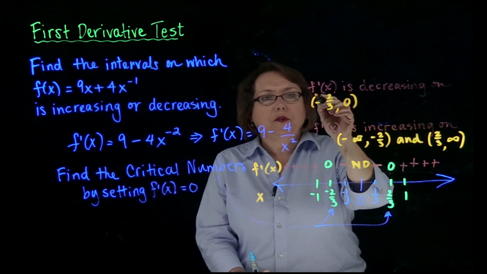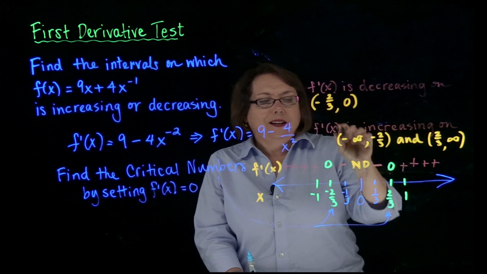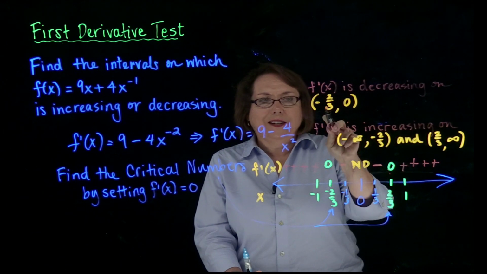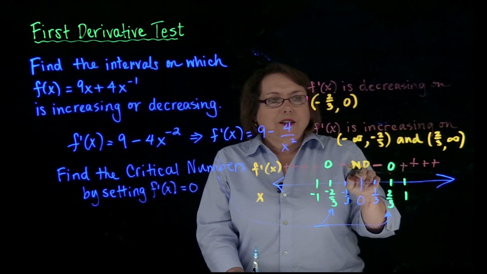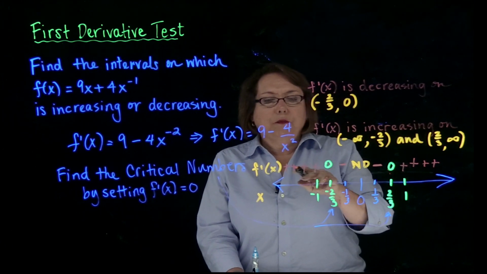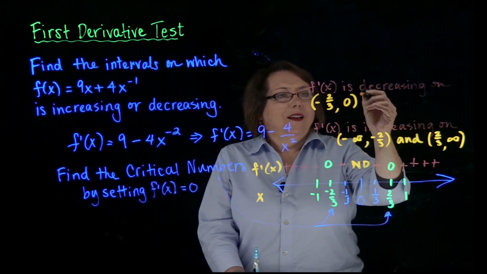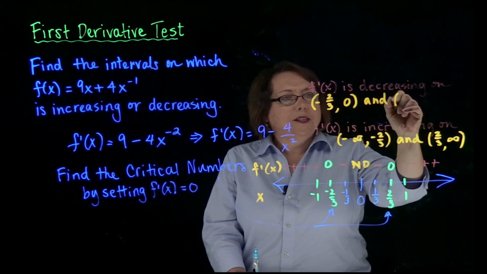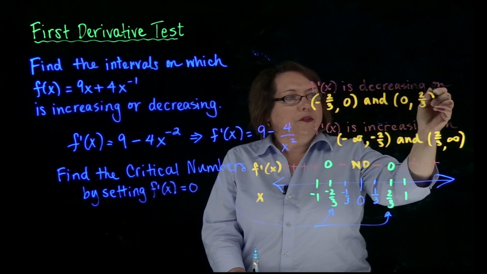These are open intervals, because at negative 2/3 the derivative of the function is 0, and if x is 0, f prime of 0 doesn't exist. It's not defined. And on the right side it would be the same thing, 0 to positive 2/3.